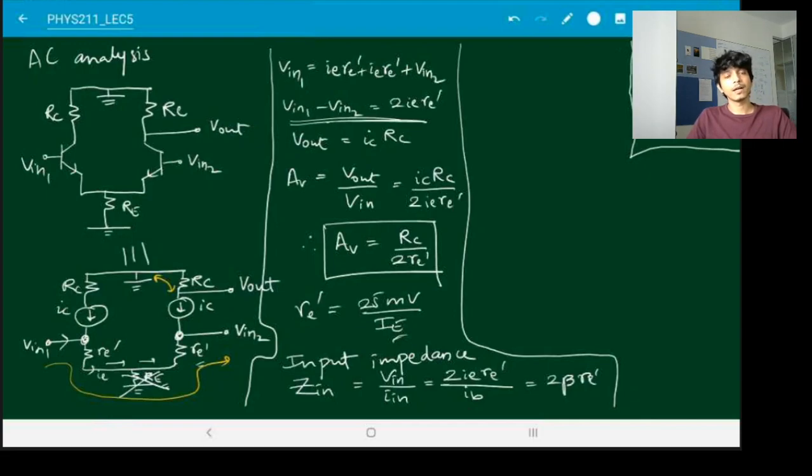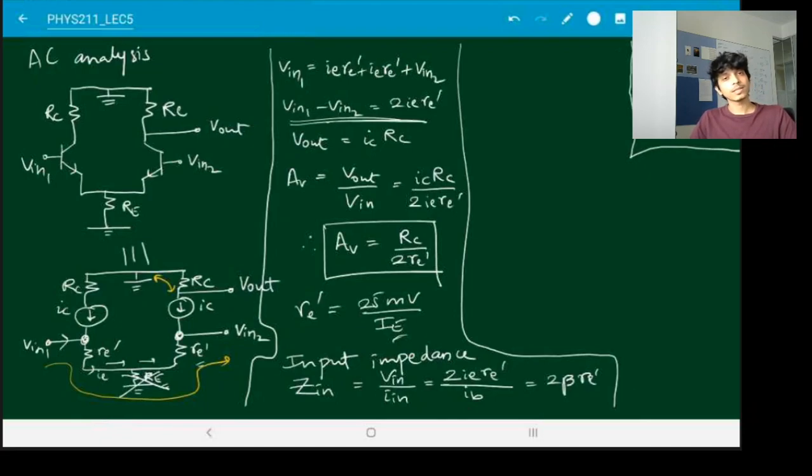You have some unwanted signal coming in. It could be some stray electromagnetic signal, some radio noise, some kind of unwanted component to your input signal. Because your differential amplifier is taking the difference between V in 1 and V in 2, these noises cancel out, because noises typically will be the same in both places. If there is some ambient electromagnetic stray signal in the room, that is going to be the same at both of your terminals. So the advantage of using a differential amplifier is that all of these noises cancel out.